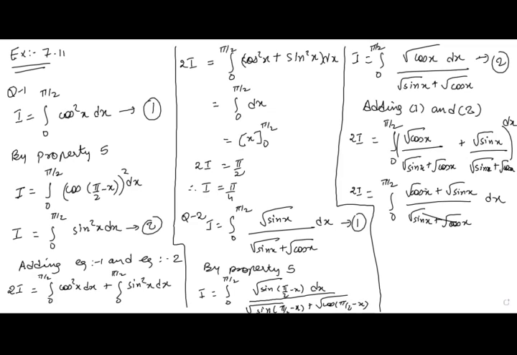So these two terms are the same, they will get cancelled. And I will have integration 0 to pi by 2 dx. Integration dx is just x. And keeping the limits, I will have pi by 2 minus 0, that is pi by 2. Therefore, the value of I is pi by 4.